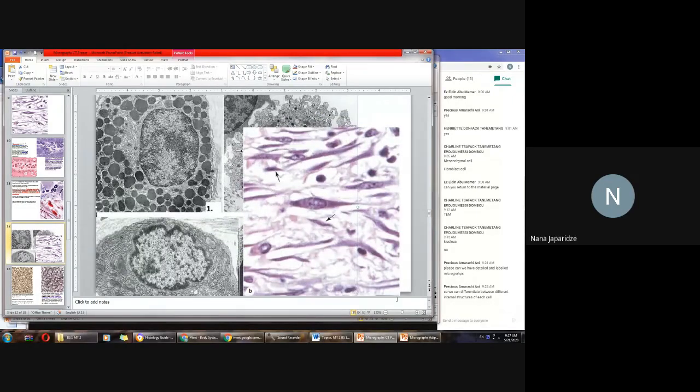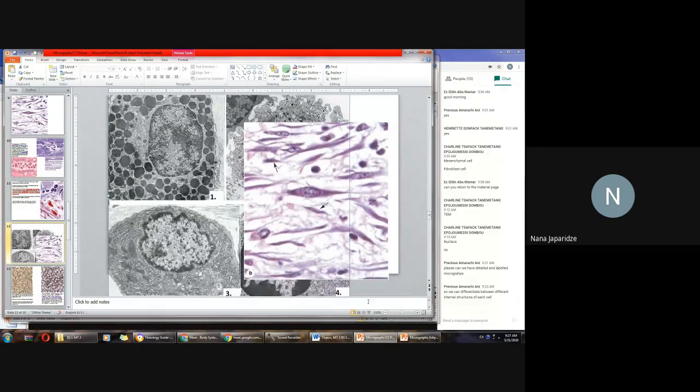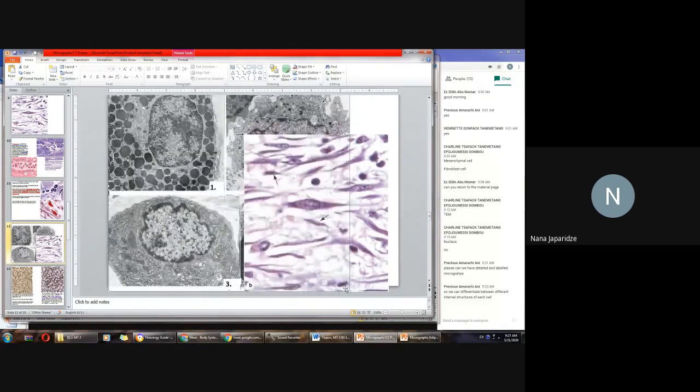you see nucleus. Look, this one is nucleus, and this one is nucleus too. In LM, you can see the euchromatin and heterochromatin too, of course. Look, these dark spots in the nucleus are heterochromatin, and the more dark stained part is heterochromatin, and the more light stained is euchromatin.